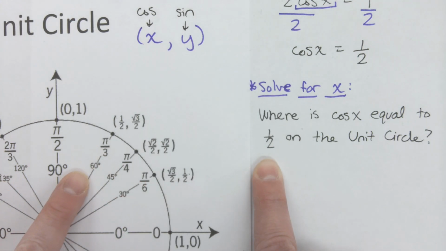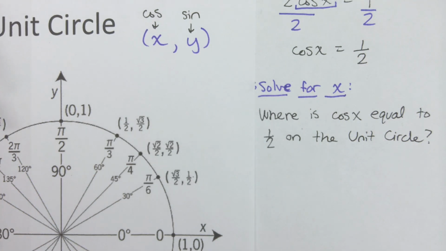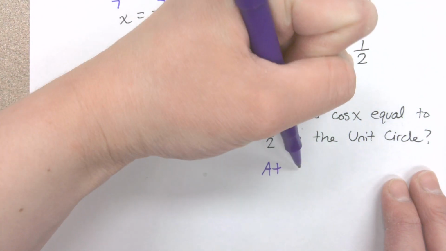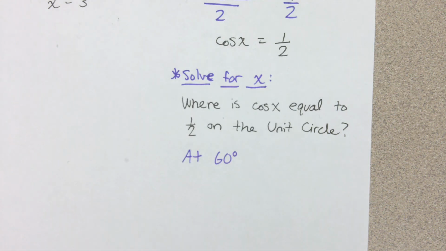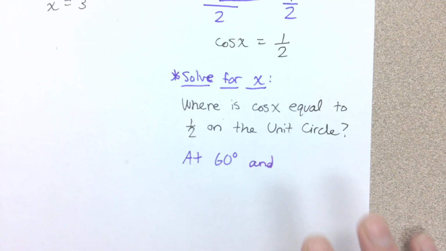So the first one is at 60 degrees, and we'll always do degrees in this unit, so we'll never see radians. At 60 degrees, the majority of the time there's actually going to be 2 answers, so always look for a second answer.